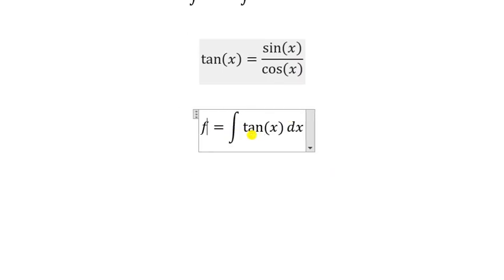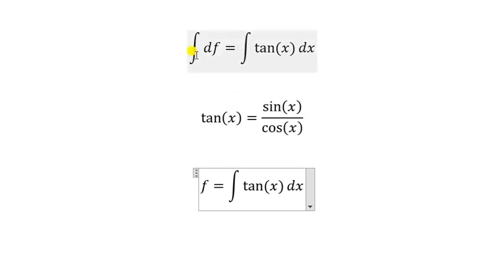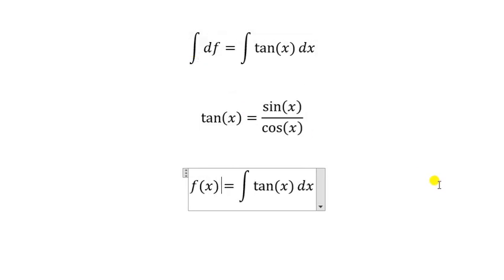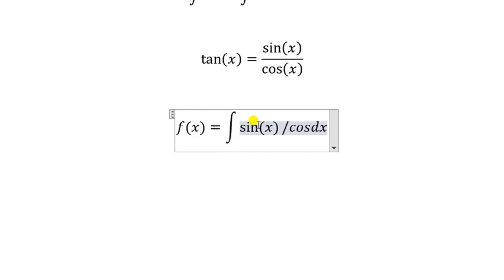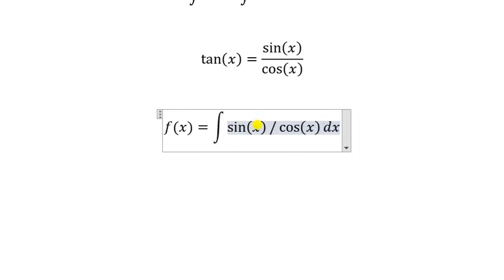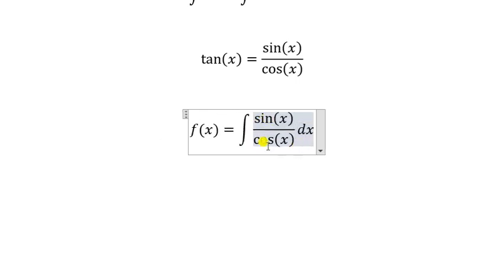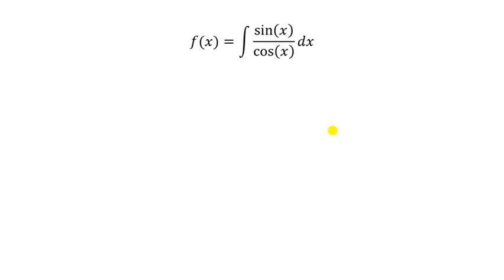Since the integral of df is just f, it will be f of x equals the integral of sin of x divided by cos of x, right? So this will be our integral. This is the integral we need to solve. So now arises the question, how can we solve this integral? Well, in this case, we can use integration by substitution.